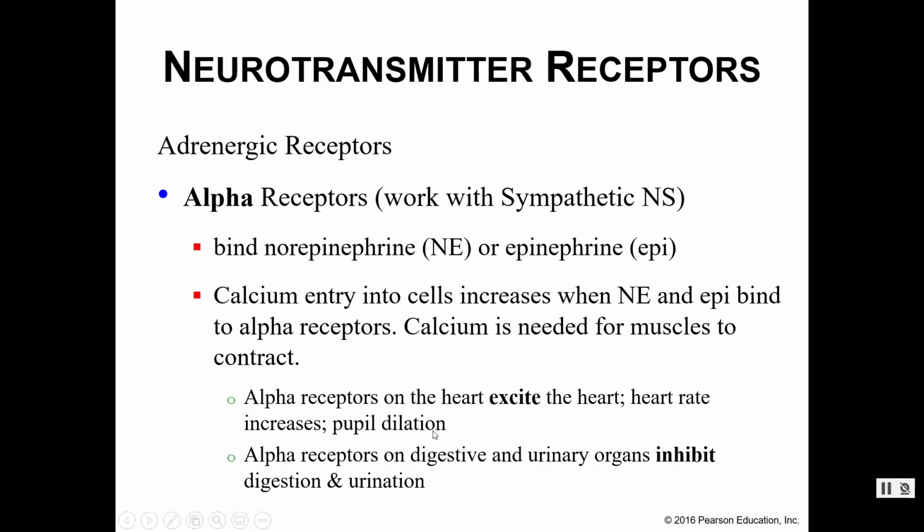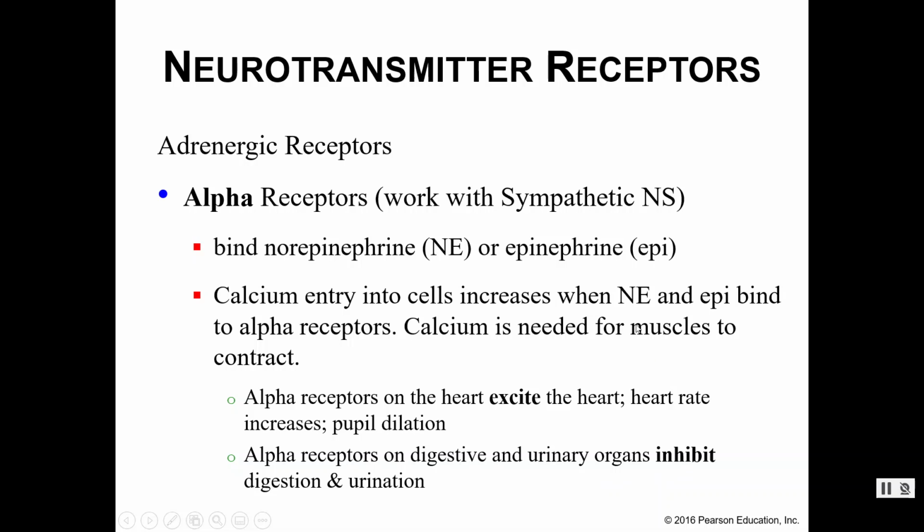This should make sense if you are using your sympathetic nervous system, if you are working out, whatever. What is your heart going to do? It is going to start beating faster. We need something to help excite the heart. We're going to use those alpha receptors. Now, here's another fun fact. You also have alpha receptors on your digestive and your urinary organs.